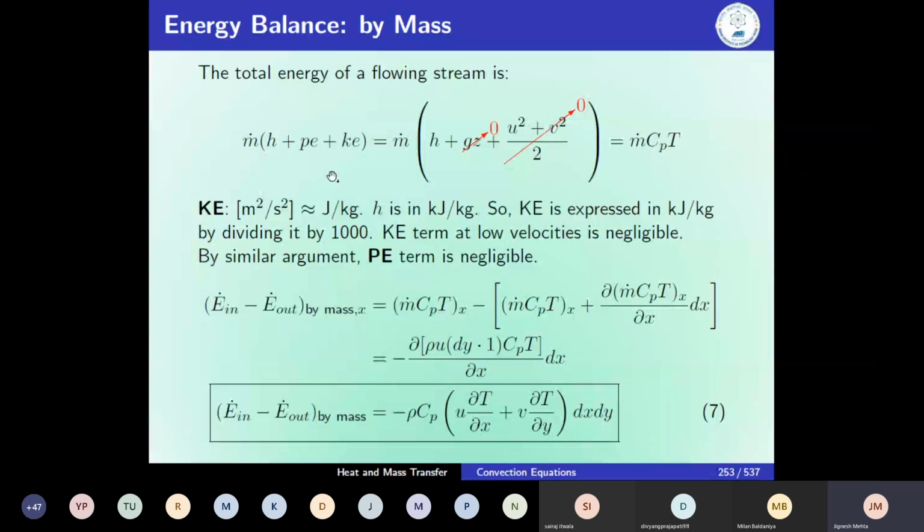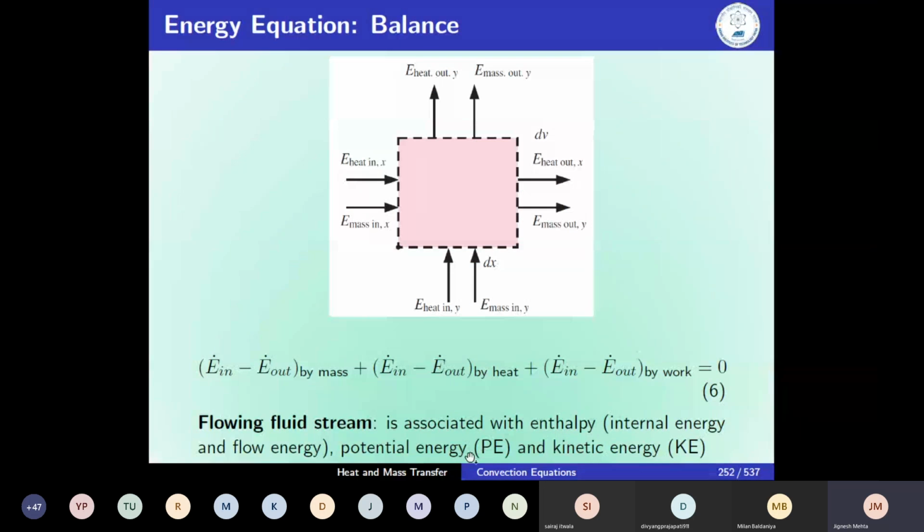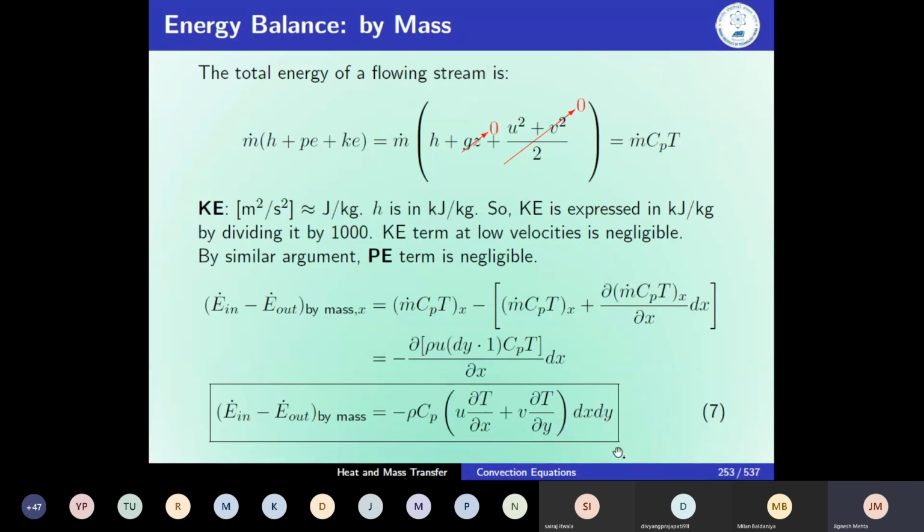Now, what are the different energy forms? As mentioned here, you have enthalpy, potential energy and kinetic energy, multiplied by the mass flow rate. This is the mass flow rate and enthalpy, this is the potential energy as Gz, and this is the kinetic energy.